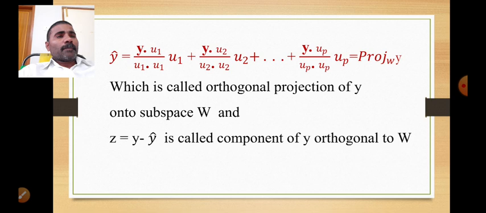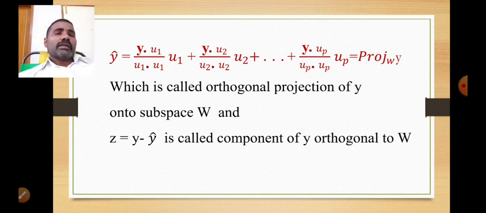This is written as the projection of y onto the subspace W, which is called the orthogonal projection of y onto subspace W, and then z equals y minus y cap, which is called the component of y orthogonal to the subspace W. In the earlier case there was only one vector u.